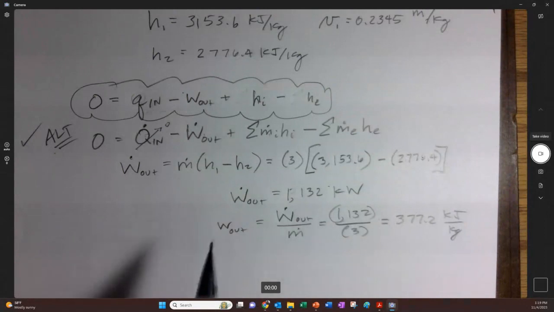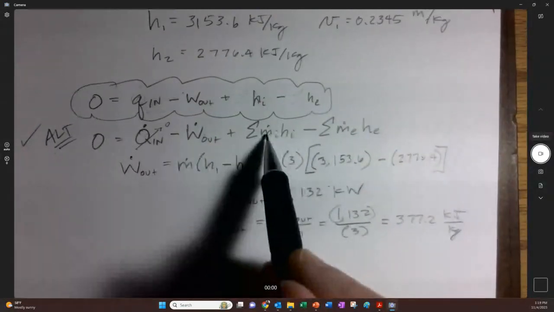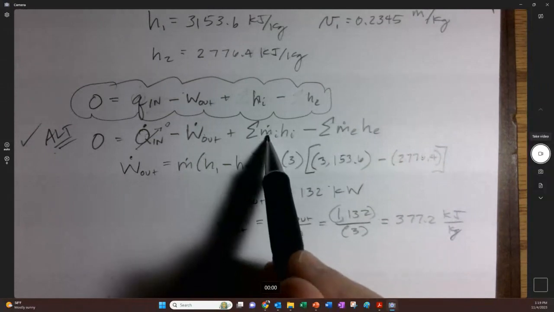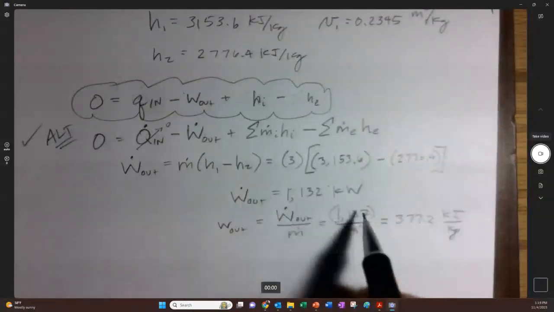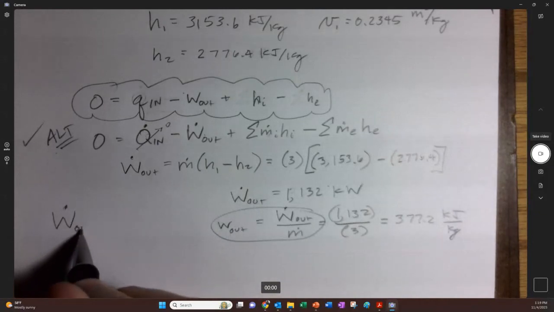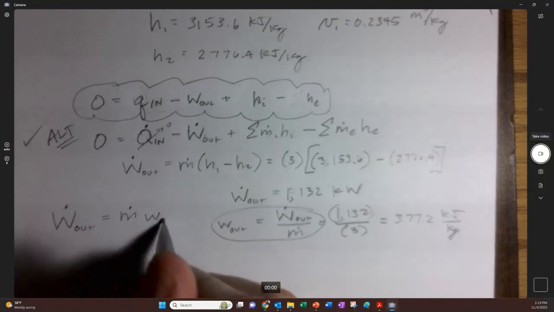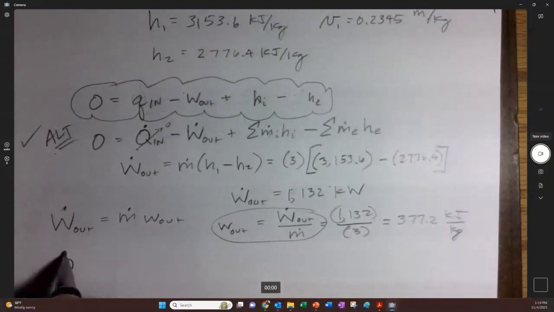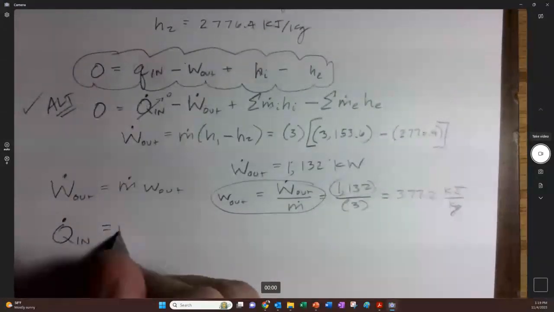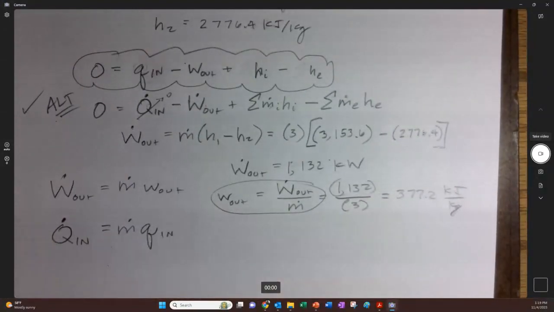But in here, we're going to have the uppercase one, and that's because we multiplied it by the mass flow. So I should have maybe written this thing out, that this is equal to this right here. And the same thing here, if we had in or out, this would have been mass flow times lowercase q in.